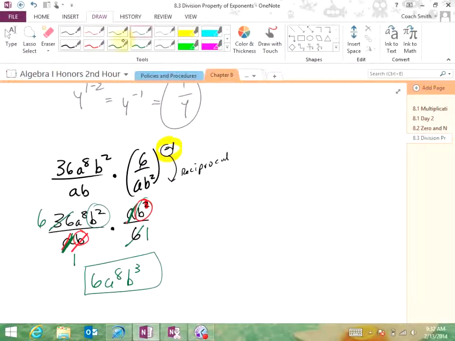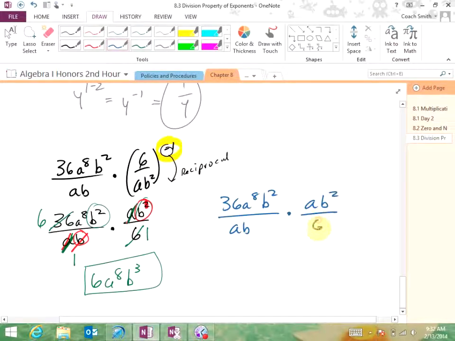Now, the other way that you can do that problem once you get to this point is you can multiply it straight out. It just ends up taking a little longer. If I multiply it straight across, that's 36, a to the 9th, b to the 4th, over 6ab.